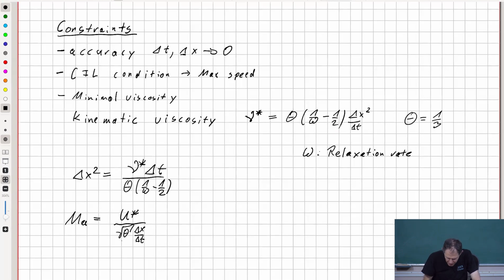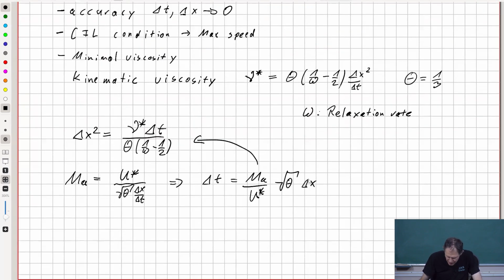So we can solve this for delta t now being equal to the Mach number divided by u times square root theta, times delta x. So now we put this into this guy here.